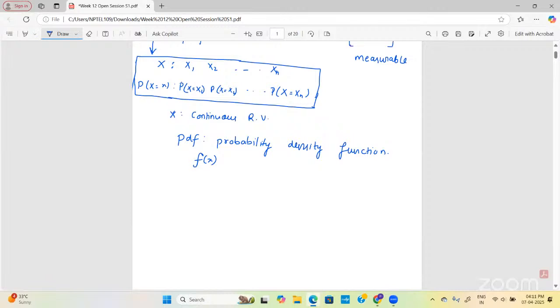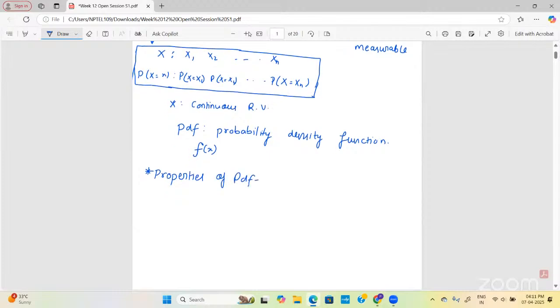There are some properties for PDFs. For a function to be a valid probability density function, there are two conditions, or two properties. In PMF also, you must have studied the properties. What were the conditions for PMF, if you remember? The sum of all the probabilities should be one.